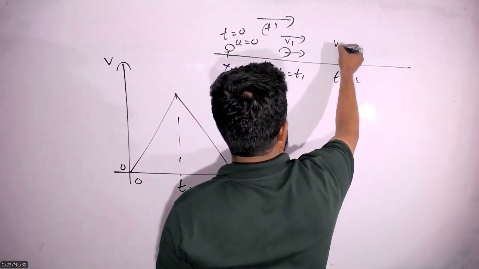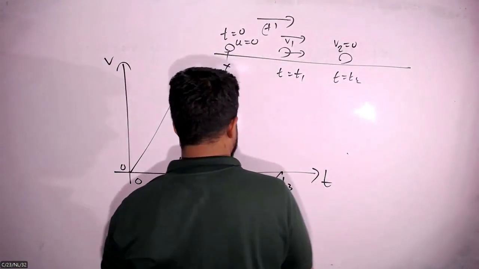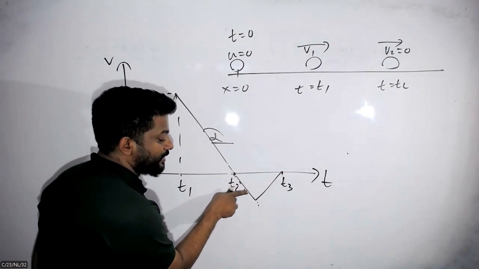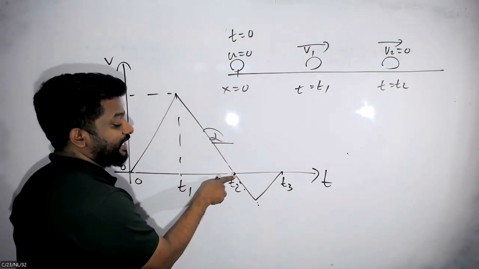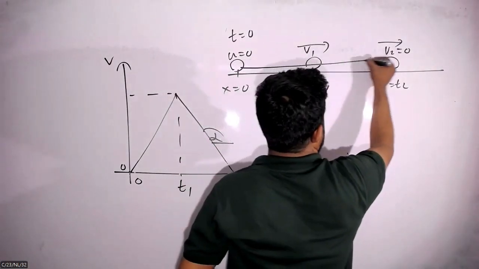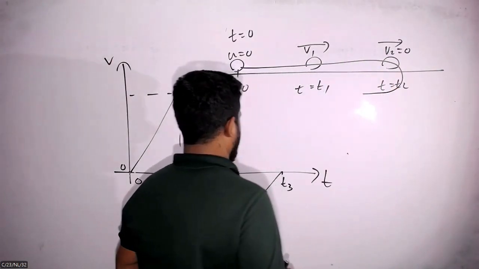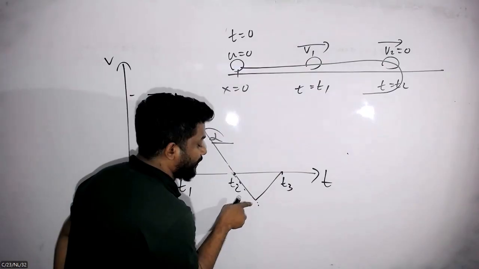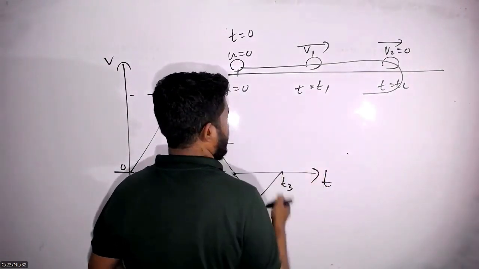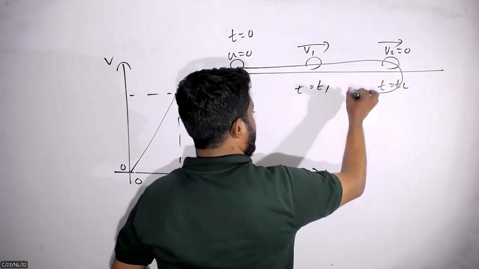Then v becomes 0 at t2. Here you can observe that from this point, negative velocities increase. That means the object turns back from this point. Due to these negative velocities, it moves to the opposite direction, that means to the left side. Then displacement of the object decreases.